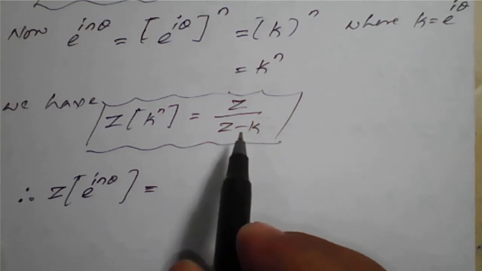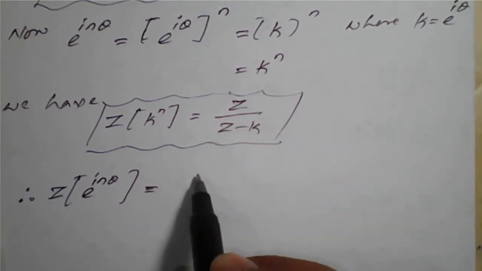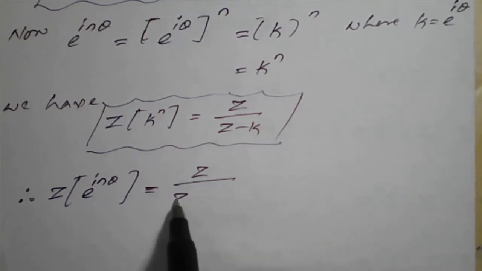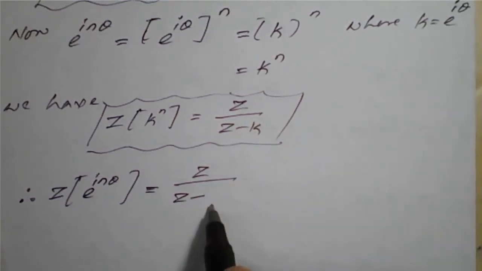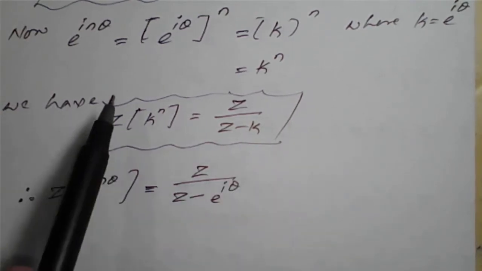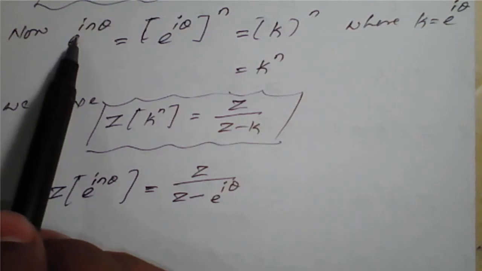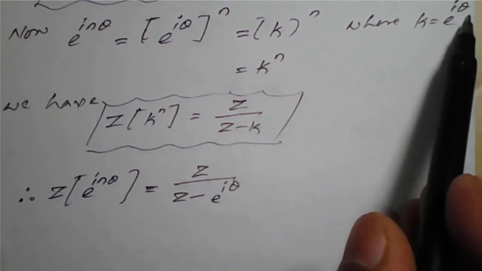So what happens here: z divided by z minus the value of k. The value of k is nothing but e raised to i theta. k^n is e raised to i n theta, but the k value is only e raised to i theta.